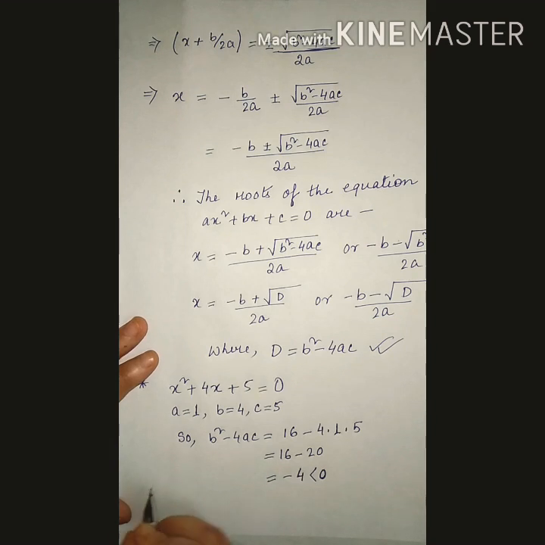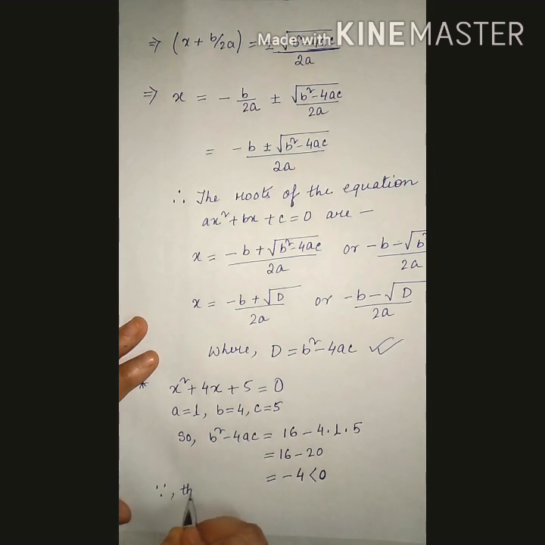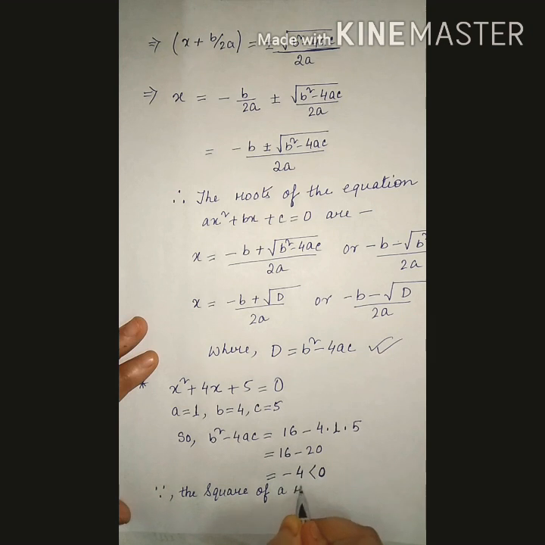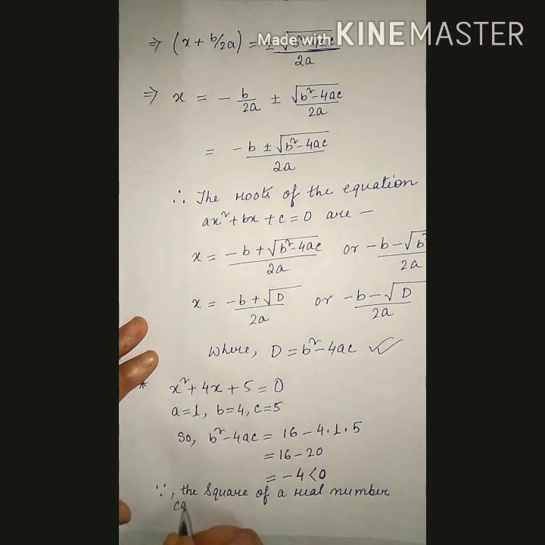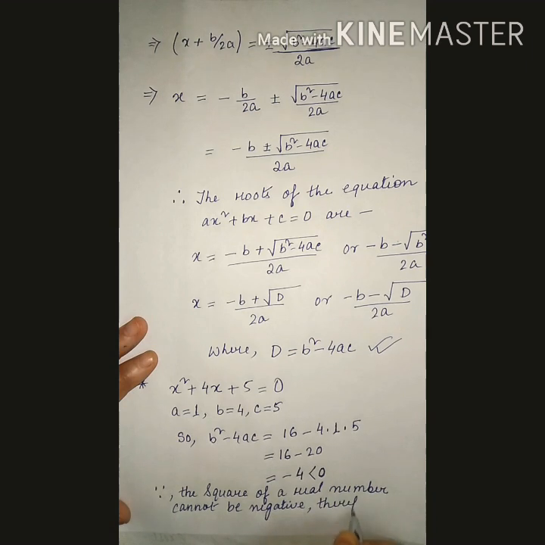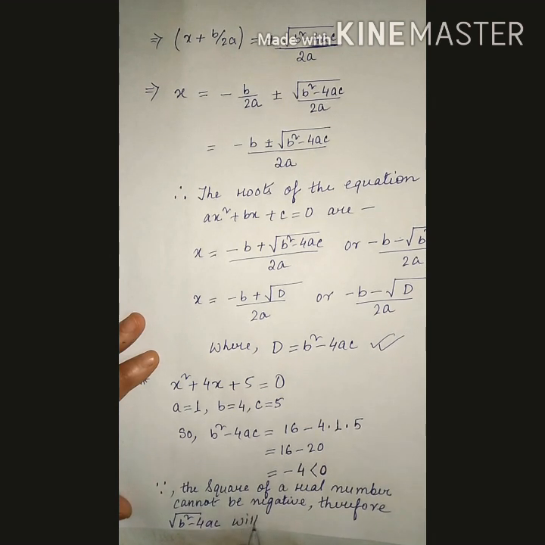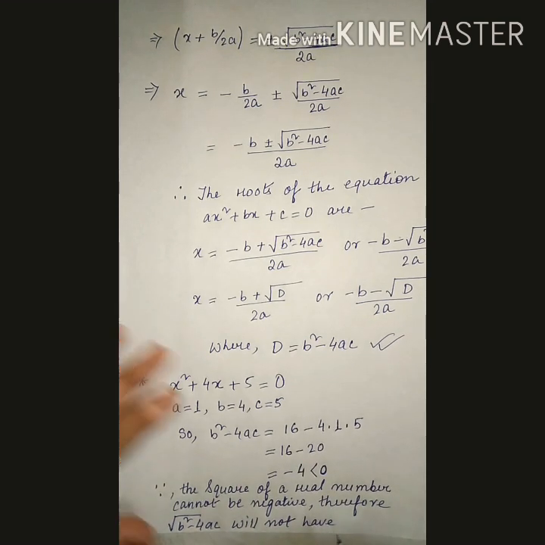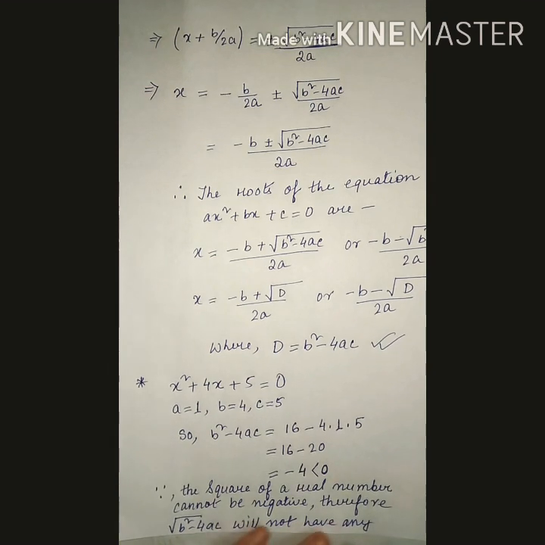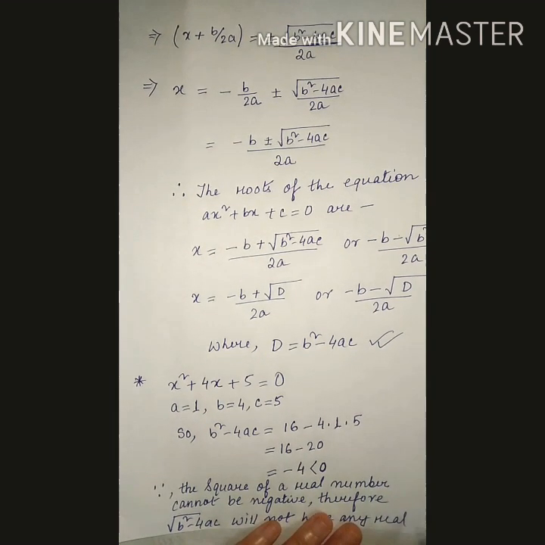Therefore you will write like this, that since the square of a real number cannot be negative, therefore root over of b square minus 4AC will not have any real value.